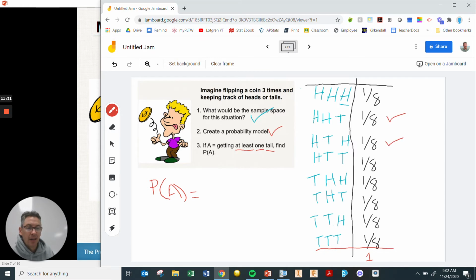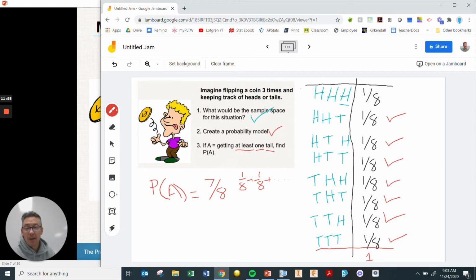That has at least one tail. So does this. So does this. So does this. So does this one. And that one's got at least one tail. So there's all those outcomes that have at least one tail. That's 7 out of the 8 outcomes. And really what I'm doing is adding 1/8 plus 1/8 plus 1/8, and I'm doing that 7 times to get my 7/8 answer.